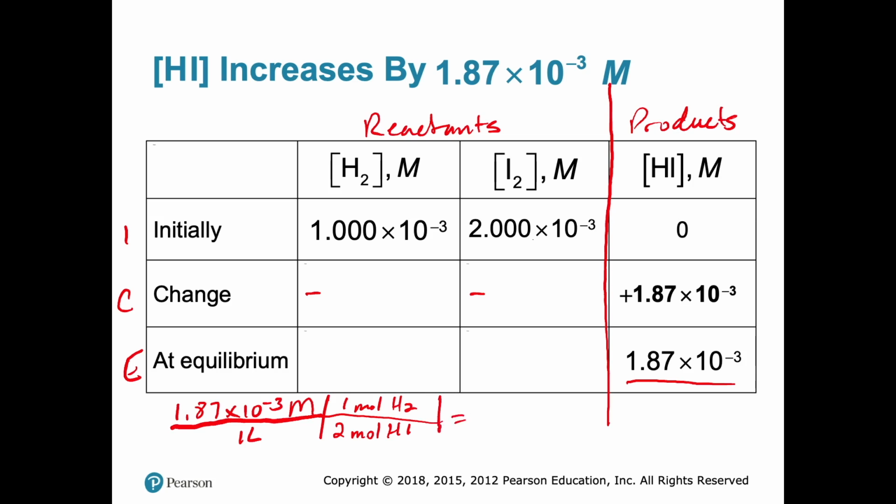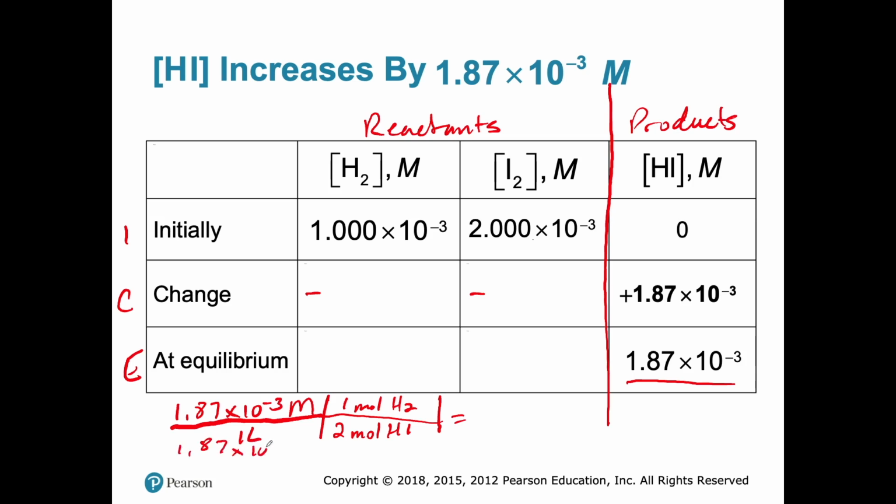And we have to do the same exact thing again for the iodine gas. Now we're lucky in this problem because both the iodine and the hydrogen gas have 1s as their coefficients. So they will come out to the same number. But it's not always like that. It really depends on the stoichiometry.